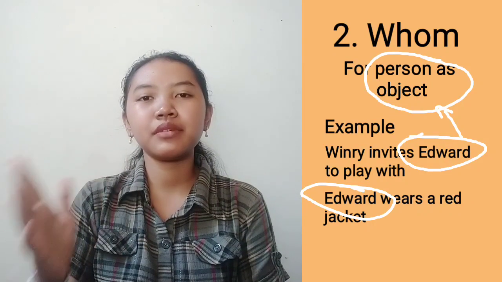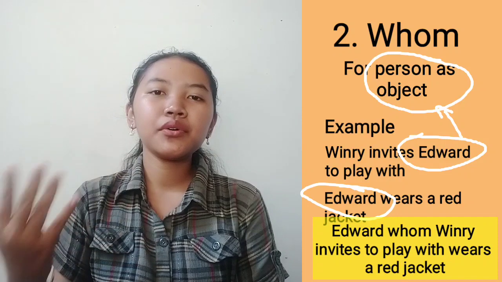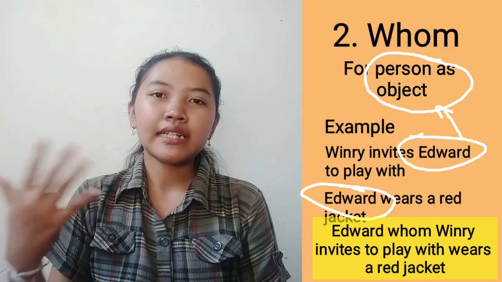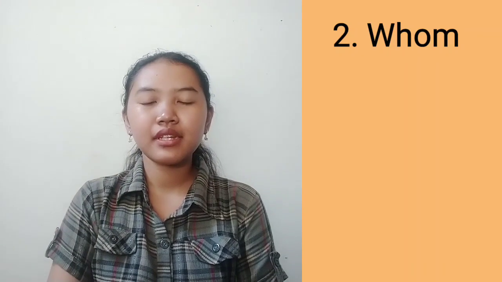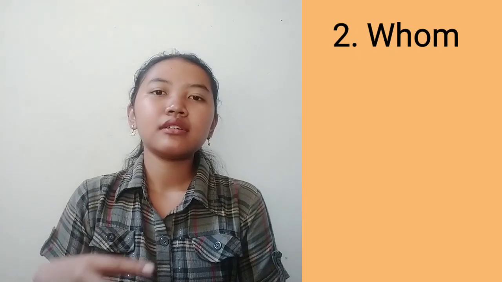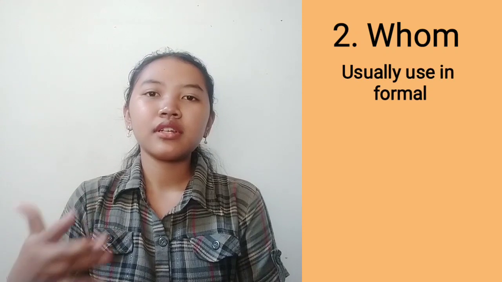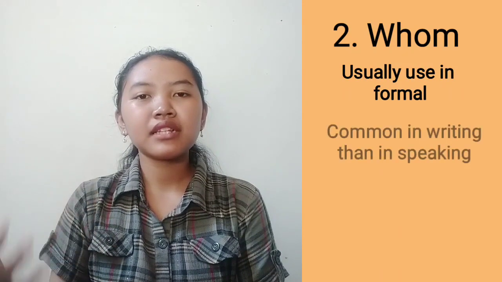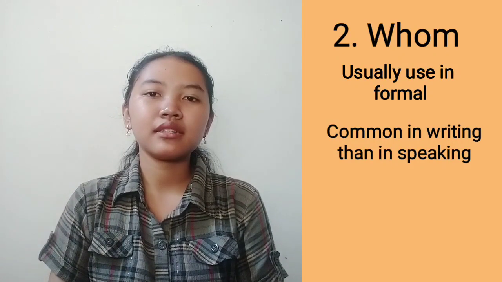So the sentence will be, Edward, whom Willie invites to play with, wears a red jacket. For a noun, whom is usually used in formal circumstances. It's much more common in writing than in speaking.